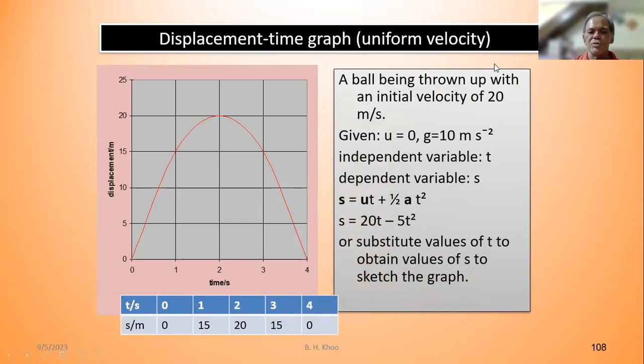A ball is thrown upwards with a velocity of 20 meters per second. Given u equals 20.